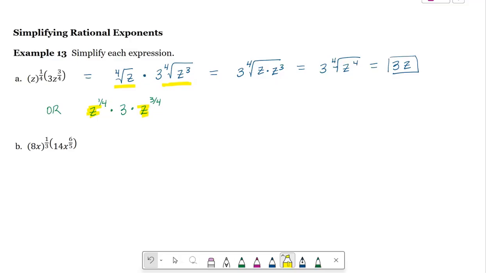And our rule for exponents says that when the bases match, you can add the exponents together. So this would be the same as, I'll put the 3 out in the front, z to the 1/4 plus 3/4. I can add those exponents since the bases are the same. 1/4 plus 3/4 is just 1. So I end up getting the same answer if I do it this way as well.